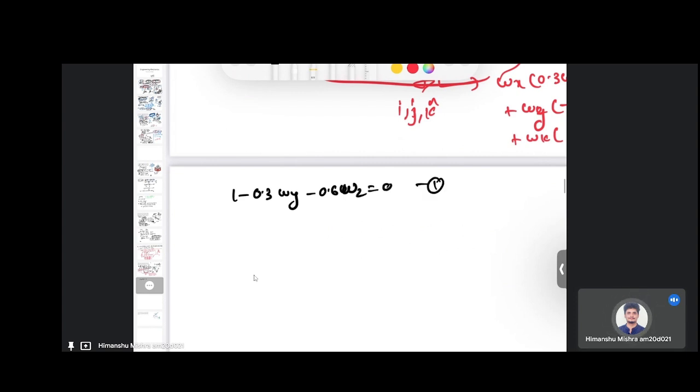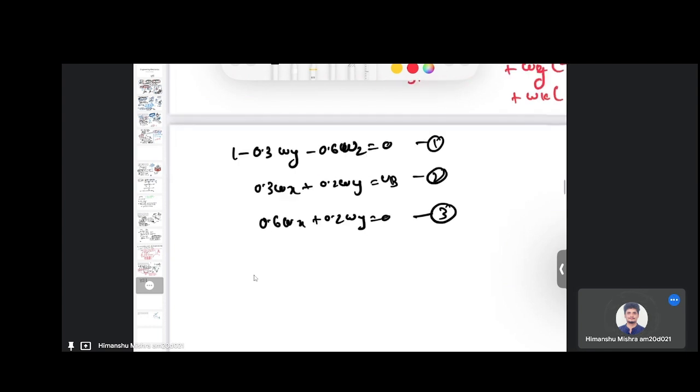This is equation 1. 0.3 omega x plus 0.2 omega y equals VB. This is in the j direction. 0.6 omega x plus 0.2 omega y equals 0. This is in the z direction, k. So these are the three equations, right?